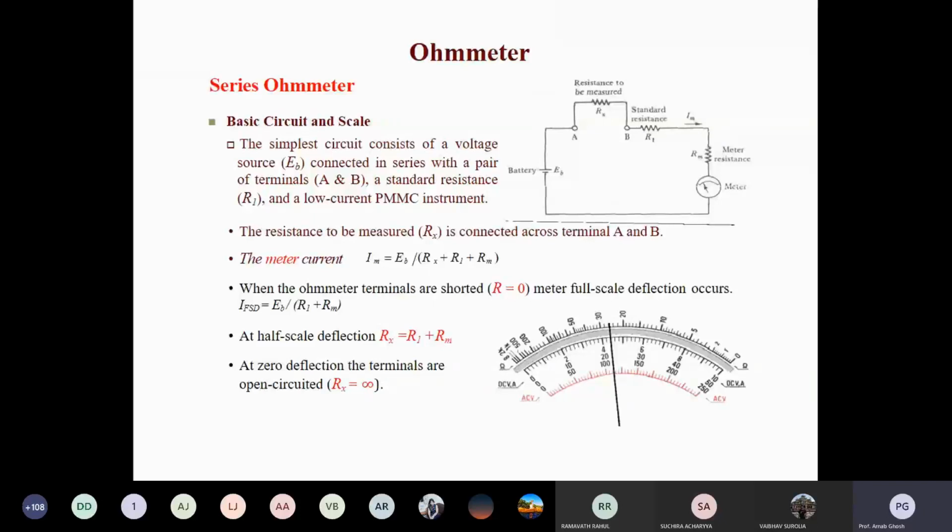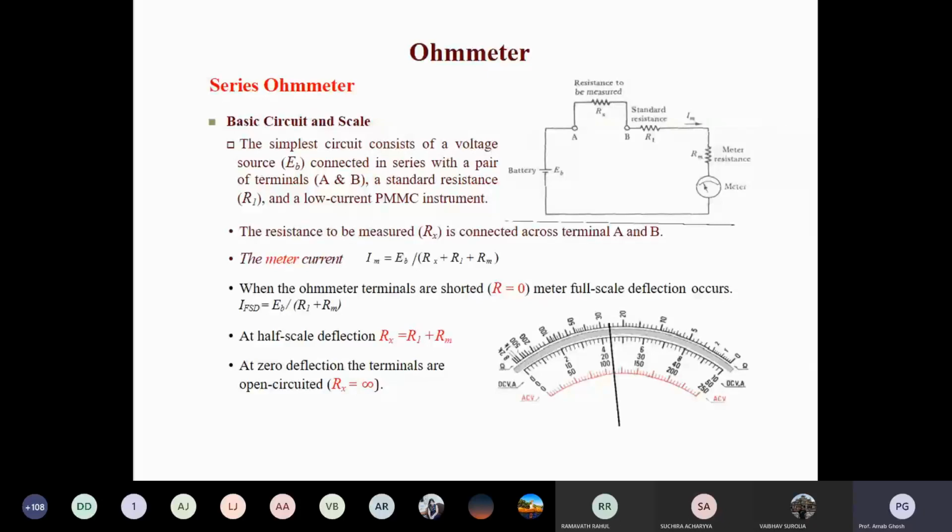So we normally measure resistance in the DC convention way. That's why, if it is DC, a PMMC instrument will be used for measuring resistance.